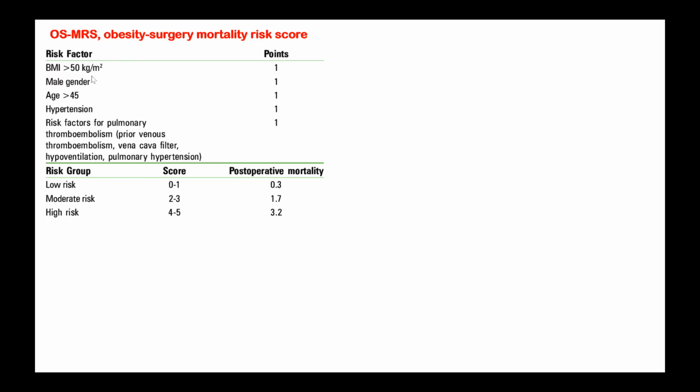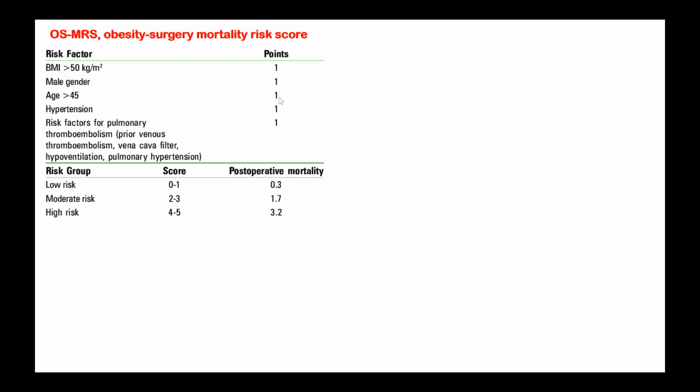5 factors which you have to take: one is BMI more than 50, you give 1 point. Patient belonging to male gender, 1 point. Age more than 45, 1 point. Hypertension, 1 point. And risk of pulmonary thromboembolism, either a prior venous embolism or patient already having a vena cava filter, hypoventilation, or pulmonary hypertension.